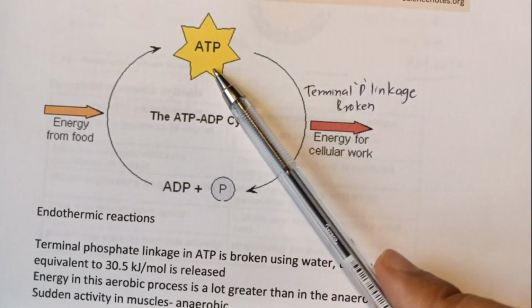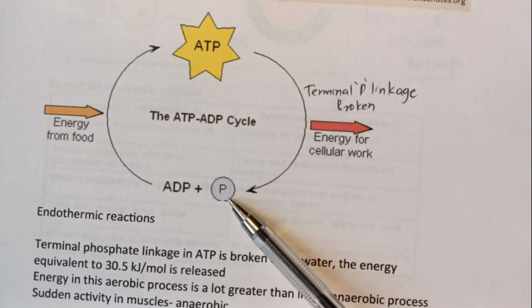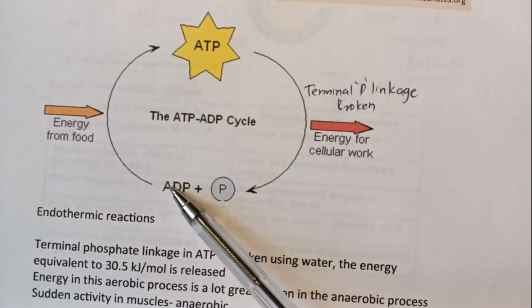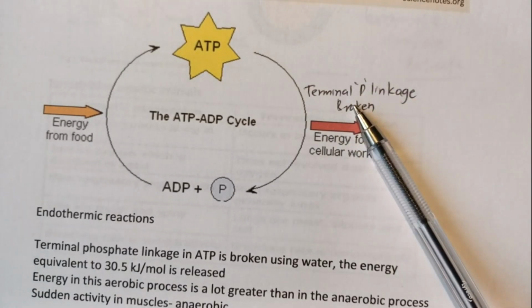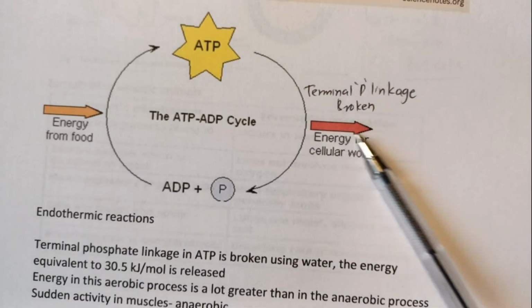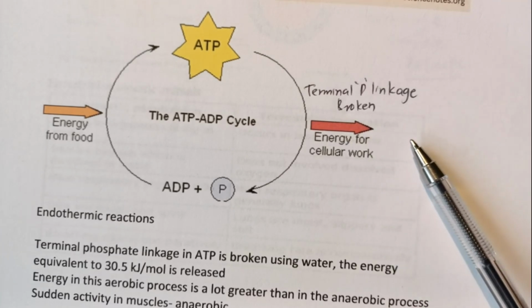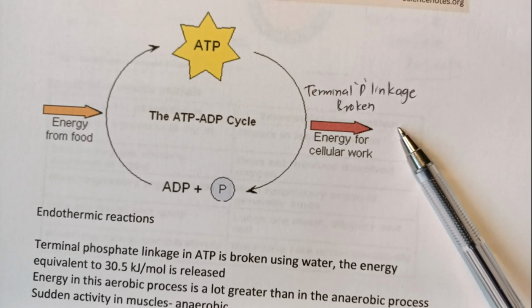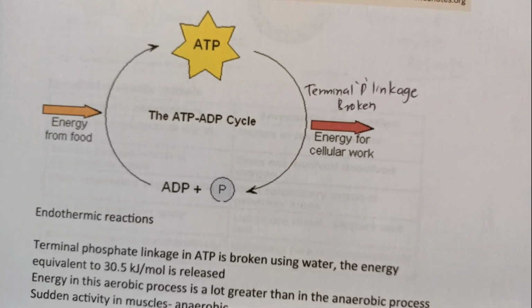Now when the body needs it, the terminal phosphate linkage that was combined during the synthesis of ATP is broken, so energy is released, and that energy can be used for various processes like movements, metabolism, growth, or any other activity that needs energy.